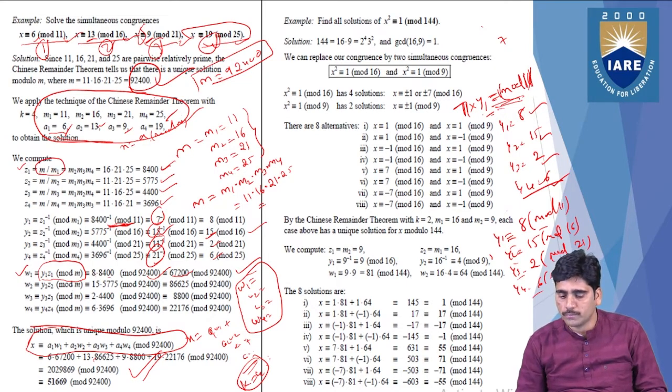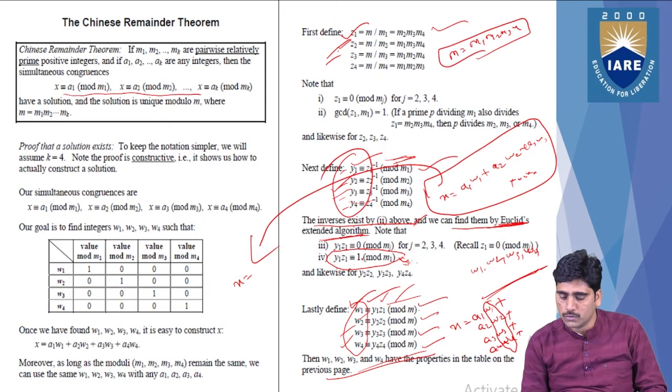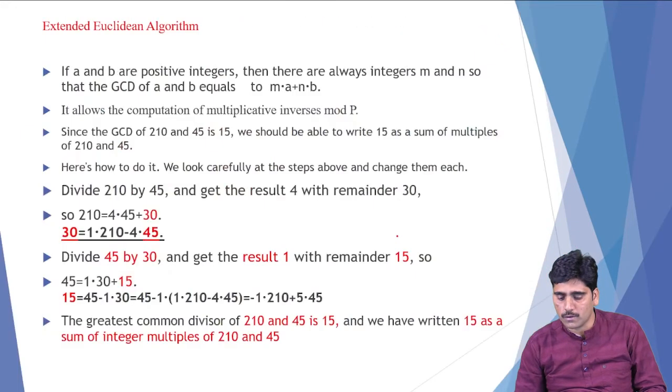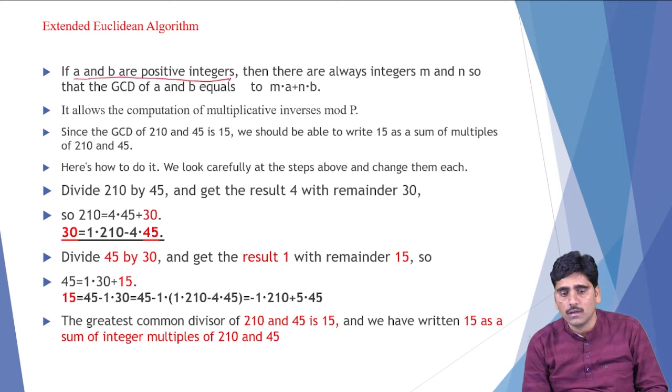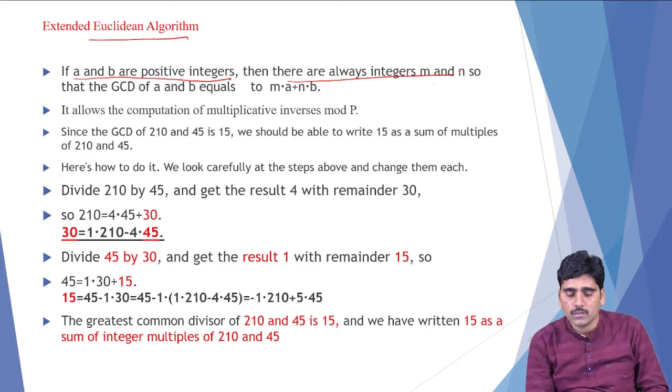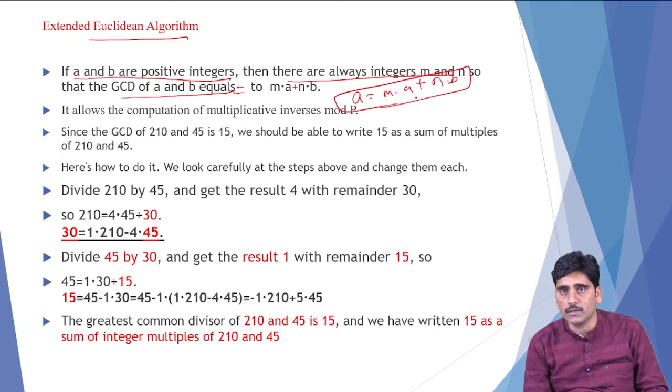Here is one thing we should know about. The extended Euclidean algorithm says that if a and b are positive integers, then there are always integers m and n such that the GCD of a and b is equal to m times a plus n times b.